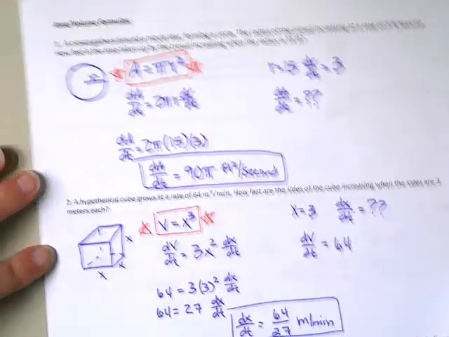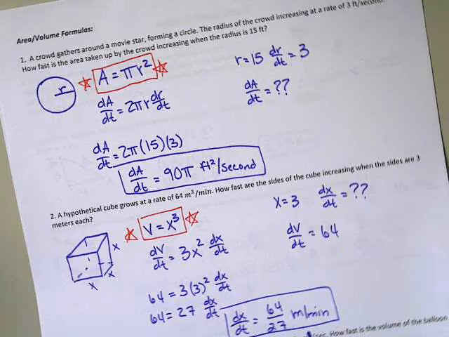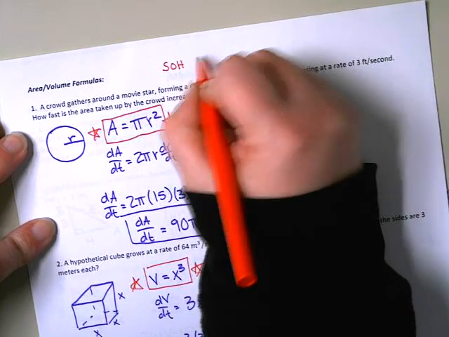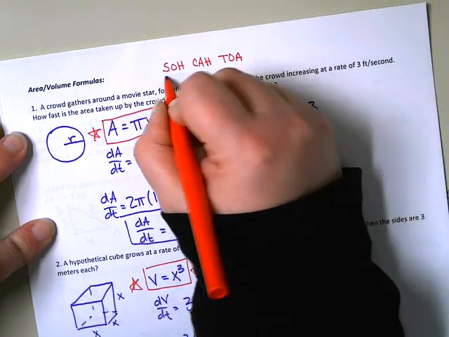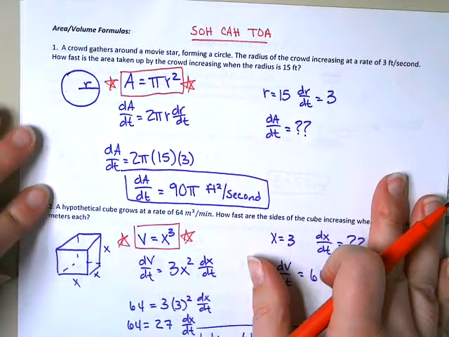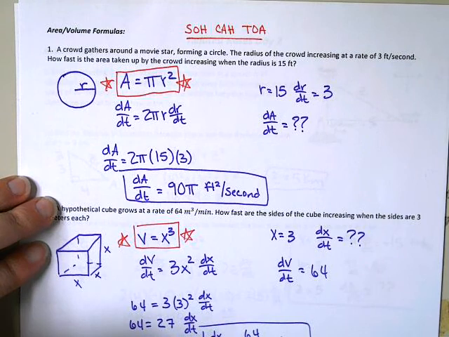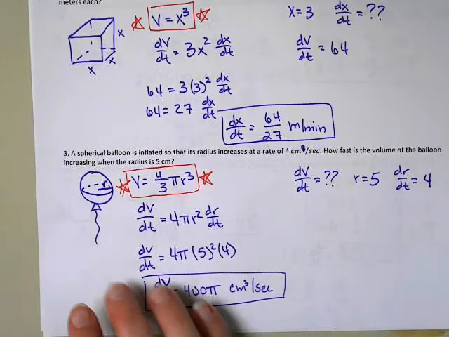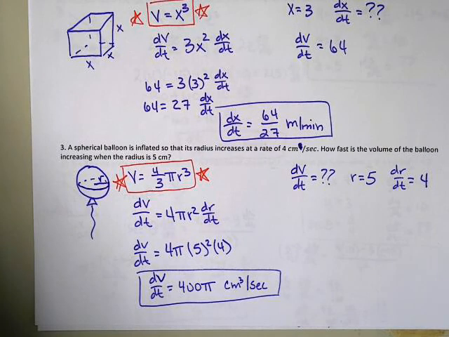And then the other thing that I would write down would be SOHCAHTOA, because we did use that for the trig one on the front. So if you are going to flip back and fill in your formulas already, you can go ahead and do that. Those would be the 4 things I would write down. Otherwise, we're going to do it in class when I see you guys on Monday. I hope this all makes sense. Ask questions on Monday if it didn't. All right, have a great weekend.